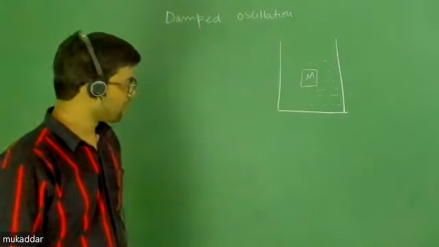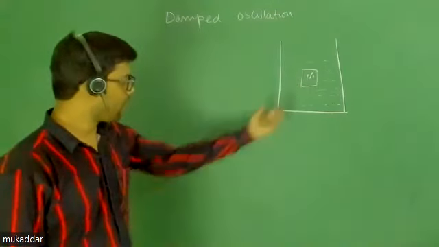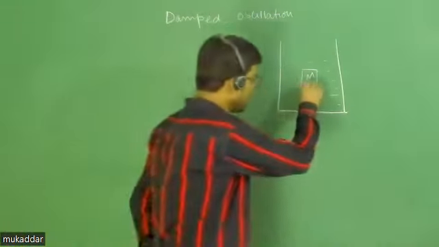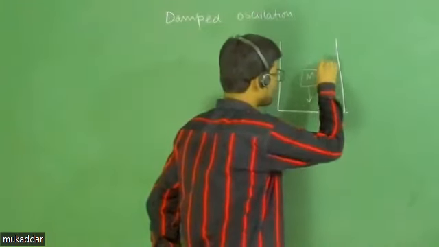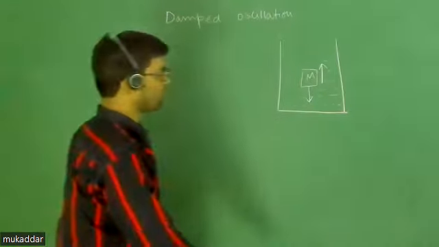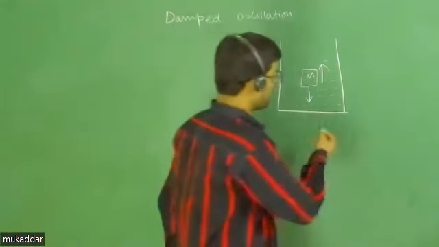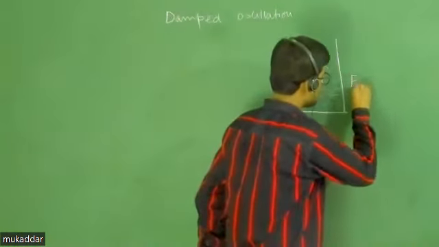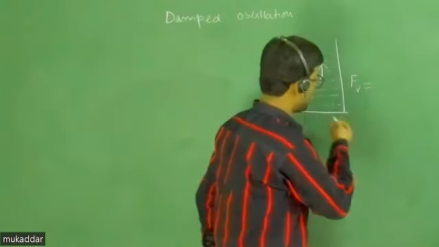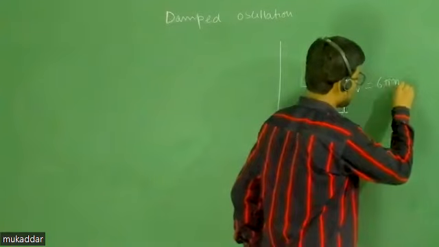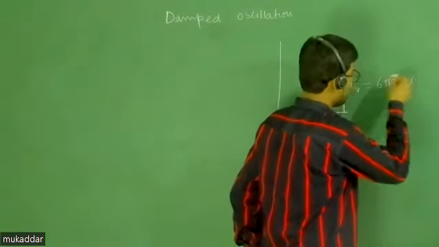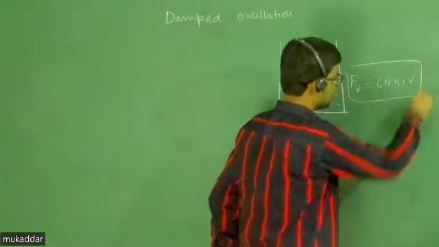When it is moving downwards, there will be an upward force acting on this body, and that is called a viscous force. That will be how much? You have learned this, right? Like 6 pi eta r v, like this.